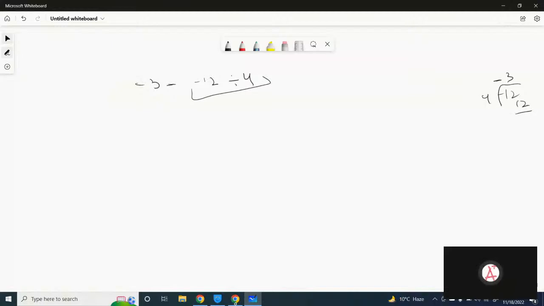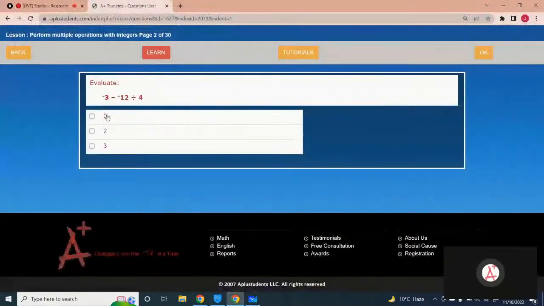Got it? It would be negative 3 subtract negative 3. Got it? So, subtracting a negative integer is same as adding. It would be negative 3 plus 3. So, the answer is 0. Got it? So negative 3 plus 3 makes 0. Just select the correct option, then click on the OK button.